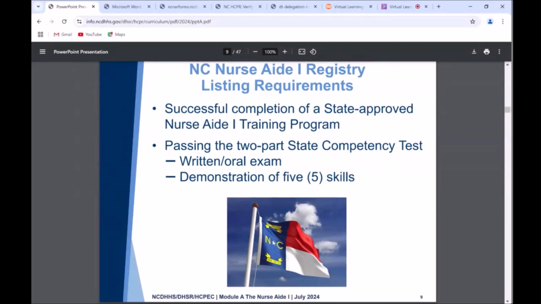That initial listing period starts the day you successfully complete your state-approved Nurse Aide 1 competency test, and it ends or expires on the last day of the 24th consecutive month. You can take that NNAAP test up to 3 times after you've completed your state-approved training program before you have to retrain.